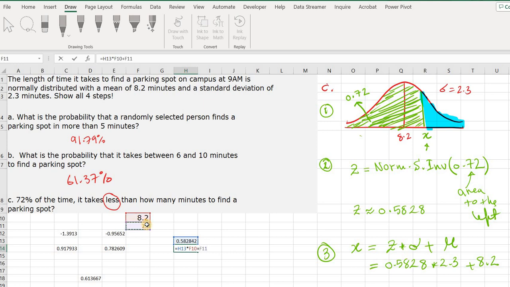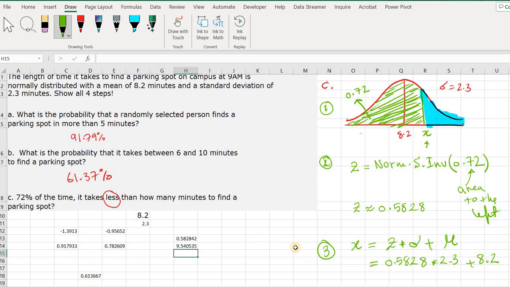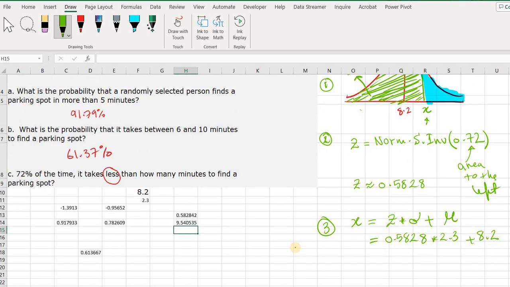I did it backwards. The z-score times the standard deviation plus the mean, and I get 9.5. So I will round it to 2 decimals because it just makes sense because we're working with time. So this is going to be approximately 9.54 minutes.